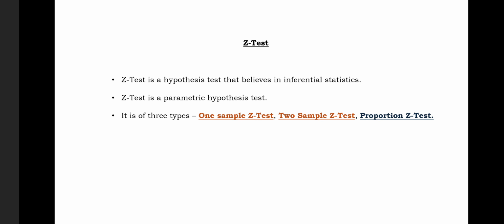This kind of data is actually normal data, and the Z test needs that data, otherwise it will not give you a good result. And it is basically of three types. We have the one sample Z test, we have the two sample Z test, and we can also do one more test, that is the proportion Z test. In today's class, I will tell you about the one sample Z test and two sample Z test, and we will leave the proportion Z test for our next class.